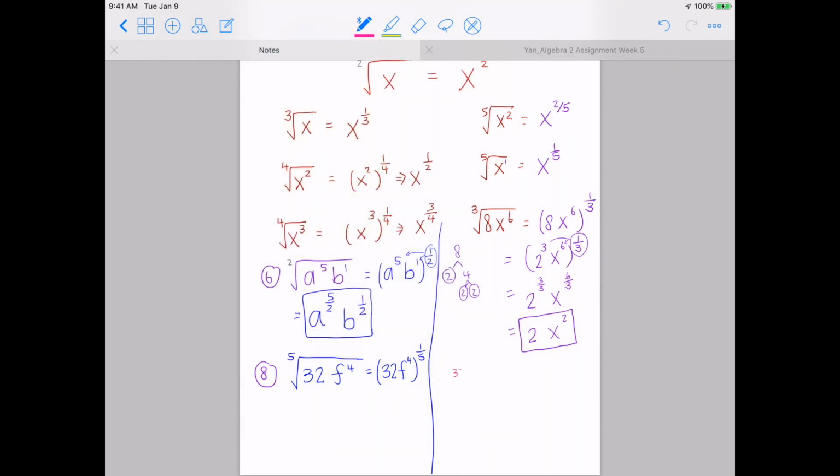If you break it down, it's 2 and 16, 8 and 2, 2 and 4, and 2 and 2. So we have a total of 5 2's. So it'll be 2 to the fifth power, f to the fourth, raised to the 1/5. So your final answer would be 2 f to the 4/5, because the 5 times 1/5 goes away. And that's your answer.